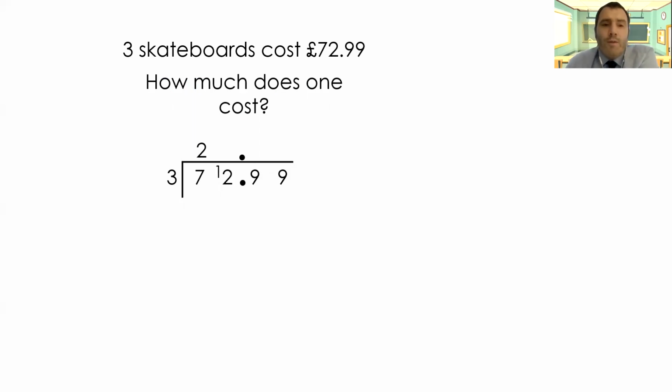So we've got 12. 12 divided by 3 gives me 4. I've got no more exchanges there, so I can move across to the other side of the decimal place. I don't need to exchange anything across the decimal. 9 divided by 3, well, there are 3 lots of 3 in 9. So 3, and the same again. So 1 skateboard costs £24.33.